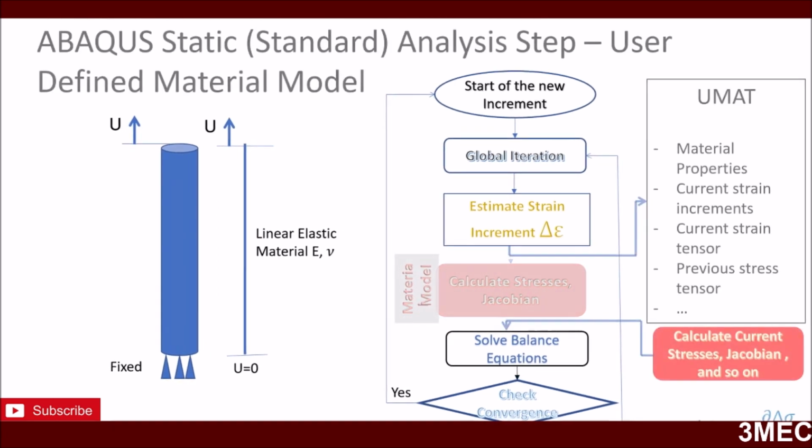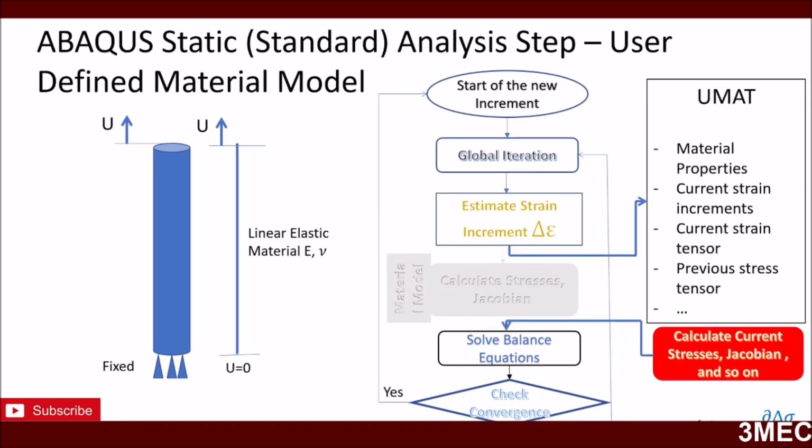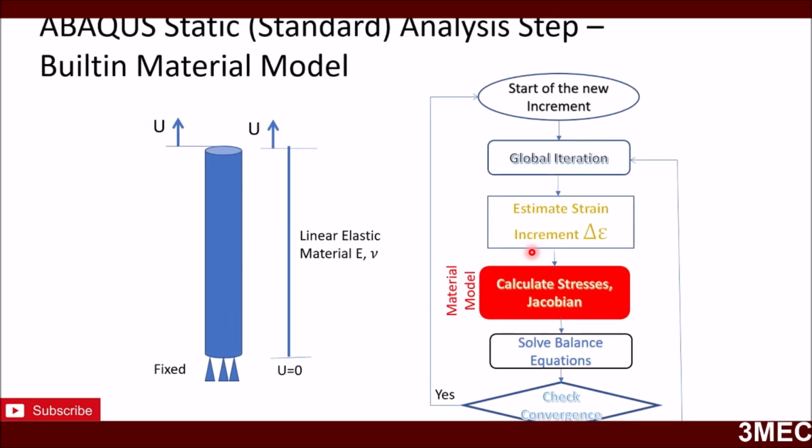And then once you have done that, you basically have to solve the balance equation. Again, this is done by ABAQUS itself, a global balance of the whole thing. In this case it's a static equilibrium equation for Newton's law of motion, and then you check for convergence.